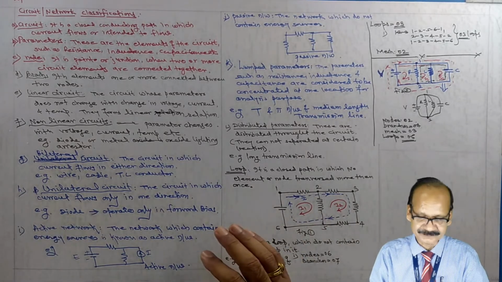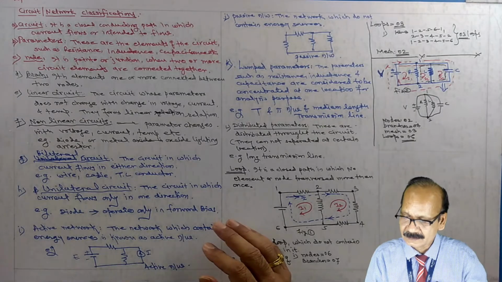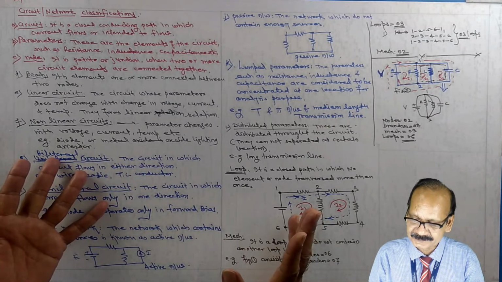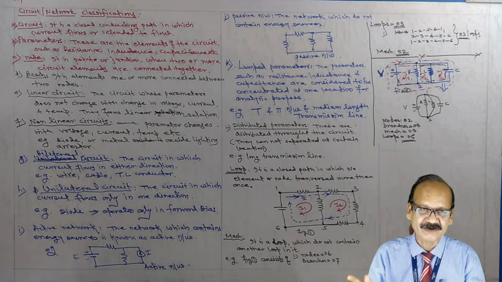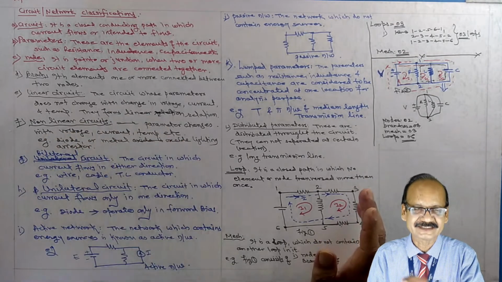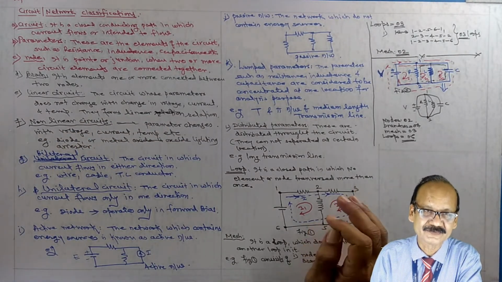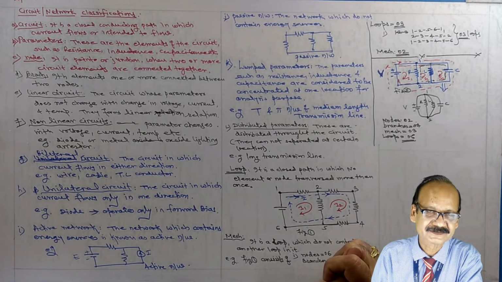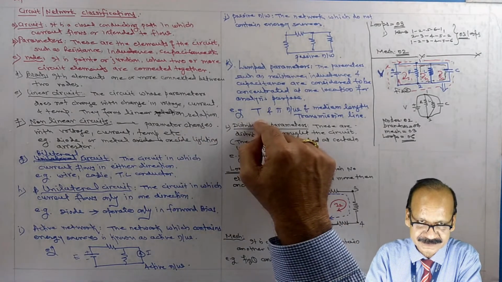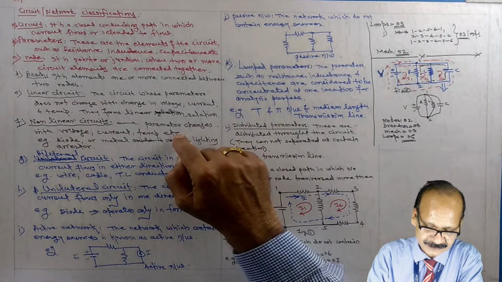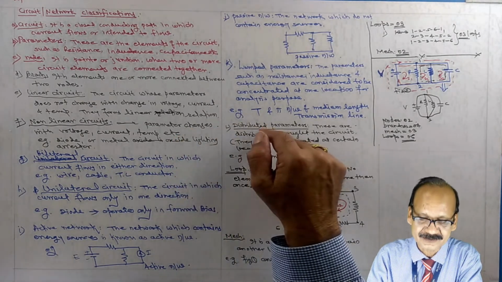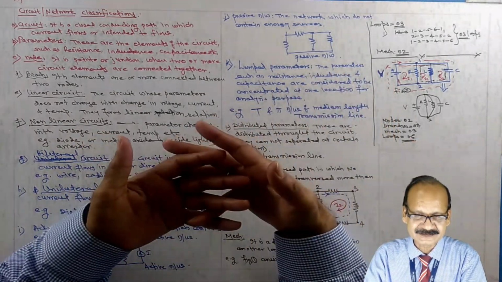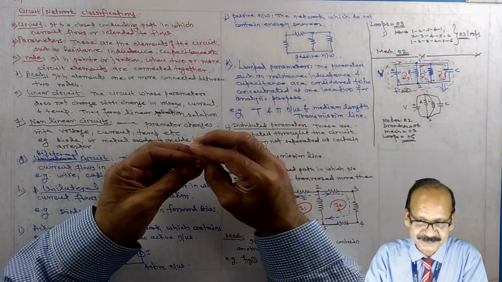Then the superposition theorem, reciprocity theorem, etc. And another one is, if there is a very complicated network, in order to get a simpler solution it is necessary to use network reduction techniques such as star-delta conversion, Thevenin's theorem, Norton's theorem, etc. Now in the reduction technique, obviously the original circuit is different and it is reduced to a simpler one.